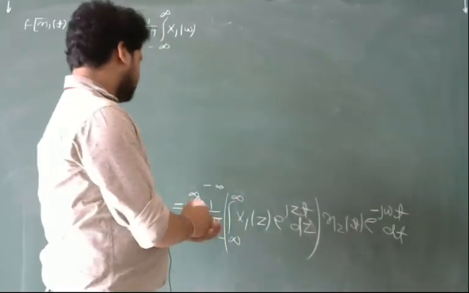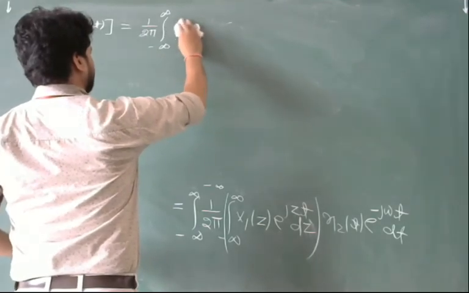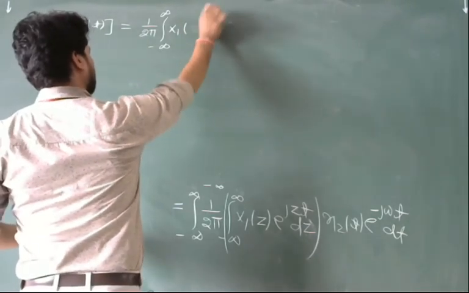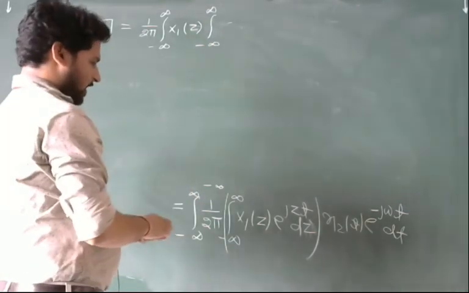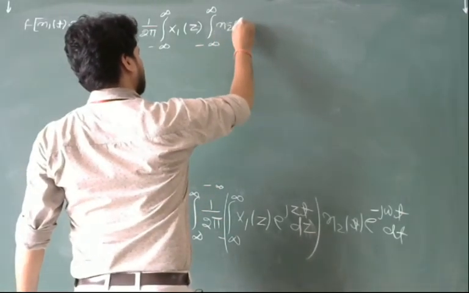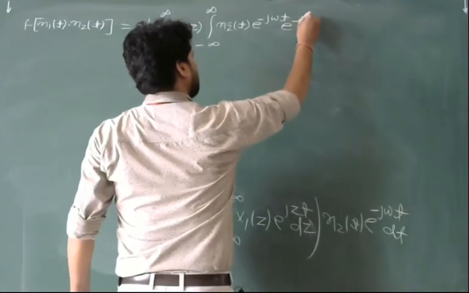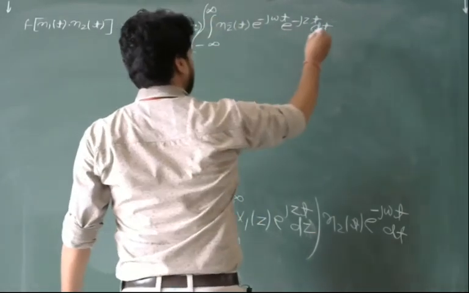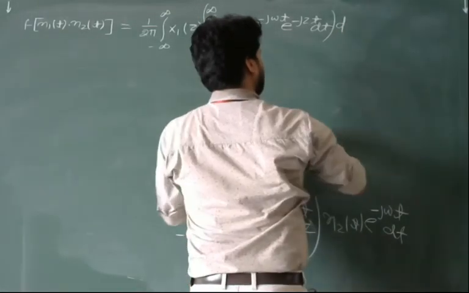Now I will put here X1(z), and then integration from minus infinity to plus infinity, this is x2(t) e power minus j omega t into e power j z t dt into dz.